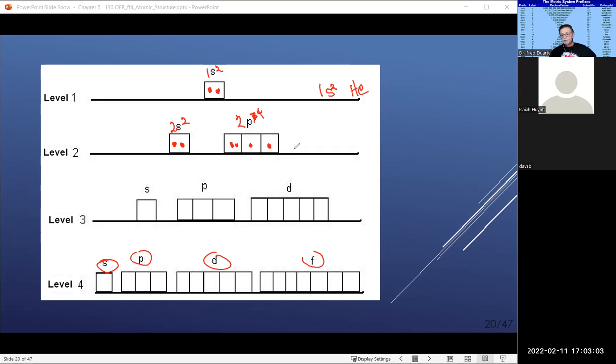Carbon has the capability of losing 4 or gaining 4, any combination thereof. But after you pass carbon, anything before carbon loses electrons because they're all metals. Anything after carbon gains electrons, being non-metals. And the number of electrons they gain depends on what group they're in and how many electrons they need to fulfill that magical 8.